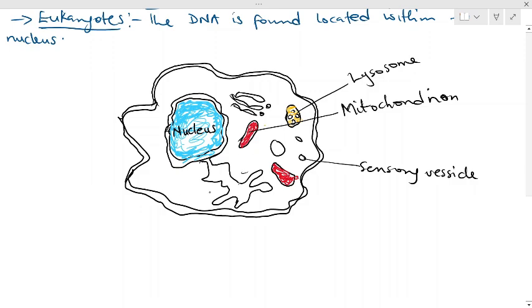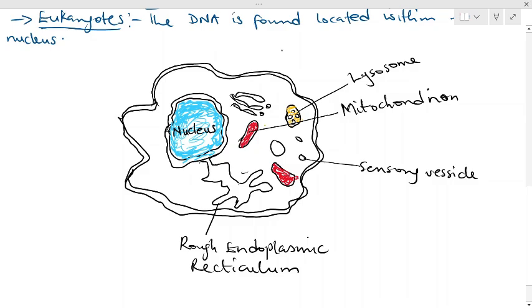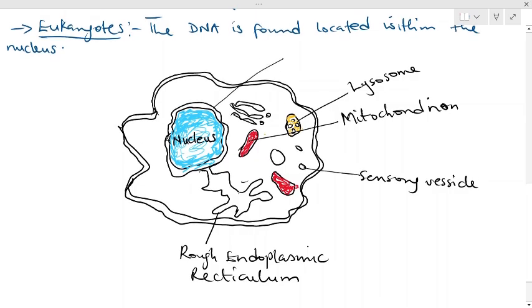Then of course you have the rough endoplasmic reticulum right here. Then you have the nuclear membrane.